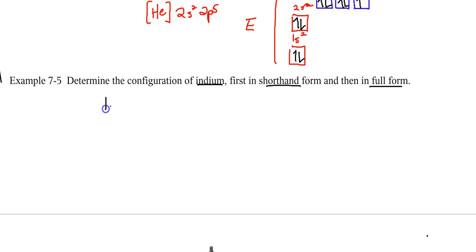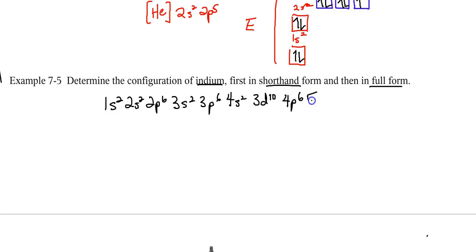Okay, let's go there. Again, the periodic table makes life easy. 1s2, 2s2, 2p6, 3s2, 3p6, 4s2, back to 3d10, 4p6, 5s2, 4d10, and then 5p1, longhand.